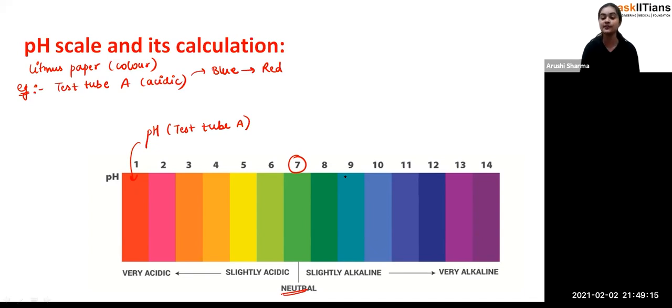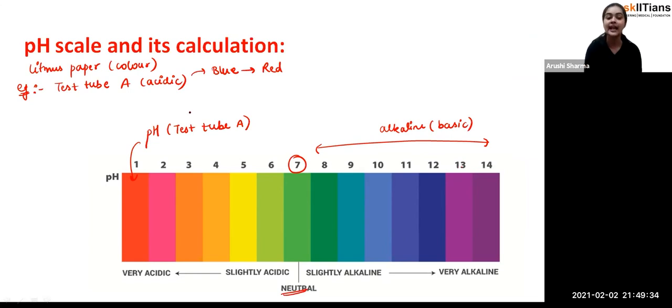So look at it here very carefully. It is saying that after pH 7, the range 8 to 14 is the range of the alkaline medium. Alkaline medium, students, means the basic medium. That means 8 to 14 is the pH range of bases, and 1 to 6 is the pH range of acids.